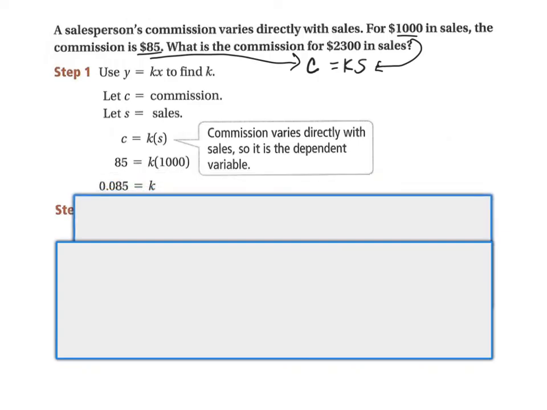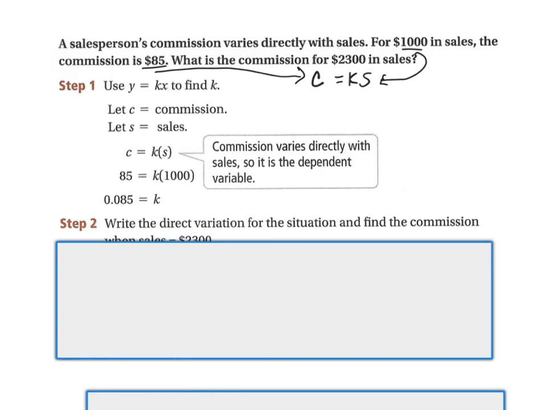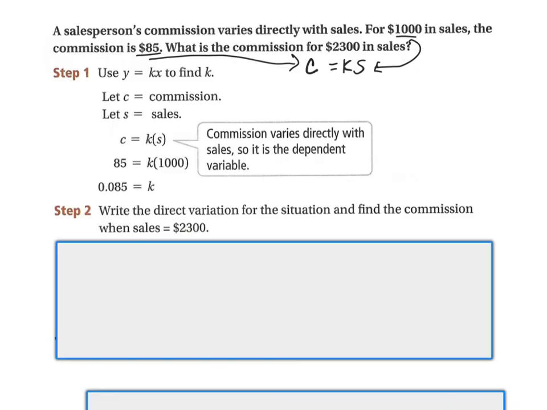Do that division, and you get K equals 0.085. So you got your K. Now we could rewrite it. C equals 0.085 times S. Or if you use the X's and the Y's, you'd have X's and Y's there.